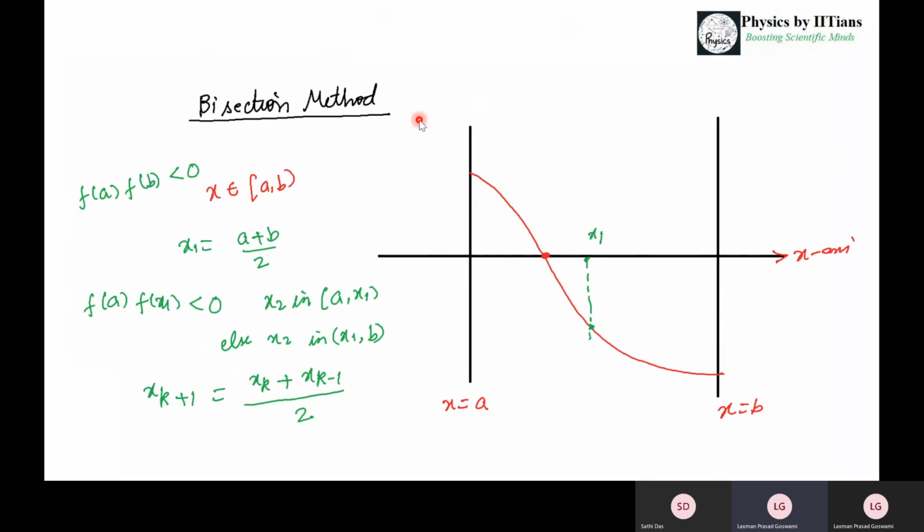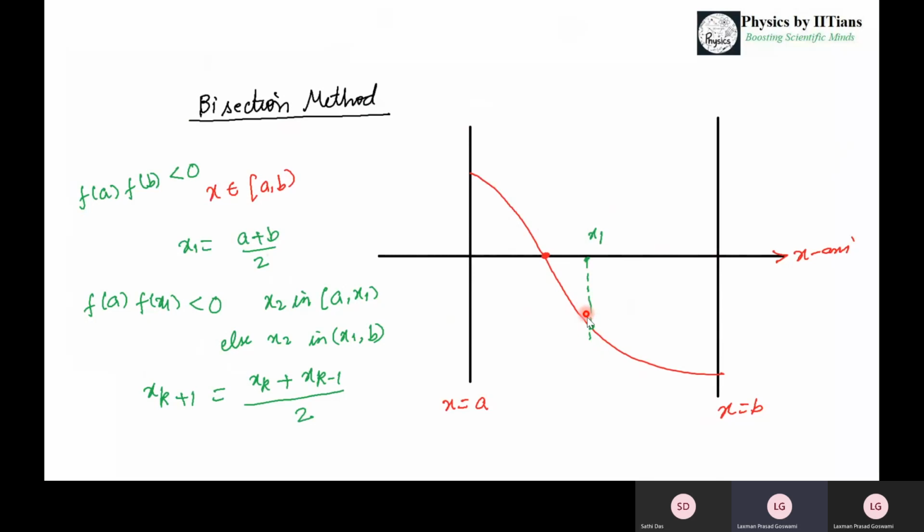The method says, first of all, we will take a plus b by 2. This is our first iteration: x1 will be a plus b by 2. Then we will see the sign of the function at this point x1. If this sign is negative and the other is positive, it means the next iteration will lie between x equal to a and x equal to x1.